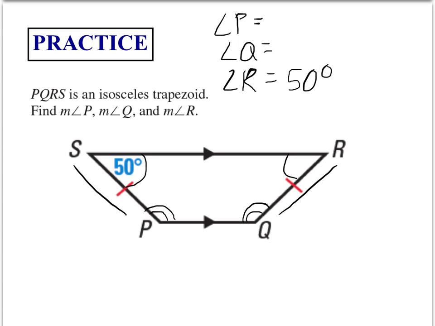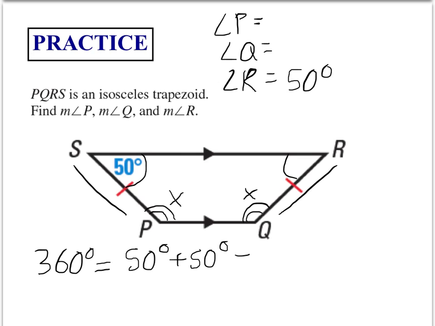We also know that the sum of the interior angles of a quadrilateral needs to be 360. So we can represent both of these as x, since they're the same, and we'll add them up to get what x is. So we have 50 degrees plus 50 degrees plus x plus x.